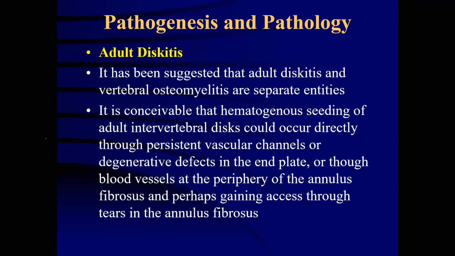Adult discitis. It has been suggested that adult discitis and vertebral osteomyelitis are separate entities. It is conceivable that hematogenous seeding of adult intervertebral discs could occur directly through persistent vascular channels or degenerative defects in the end plate, or through blood vessels at the periphery of the annulus fibrosus, and perhaps gaining access through tears in the annulus fibrosus.